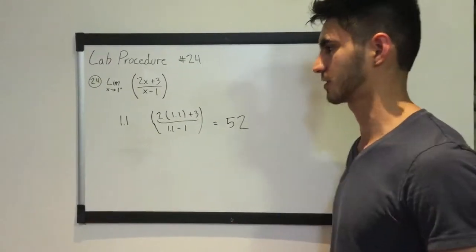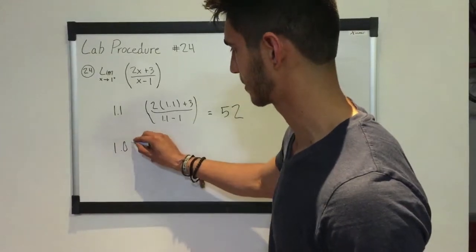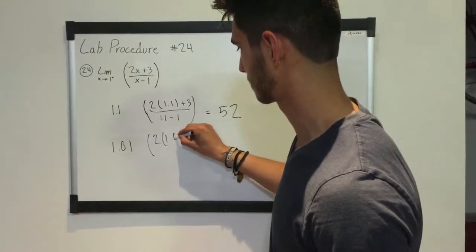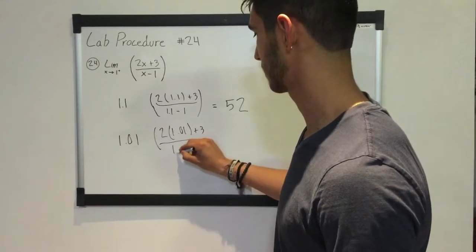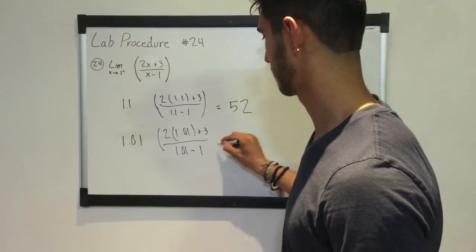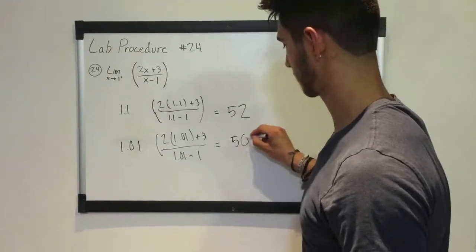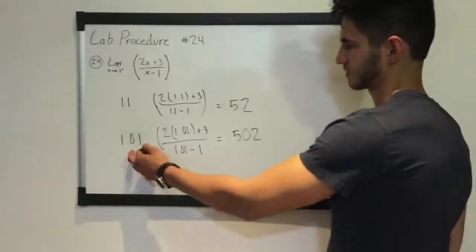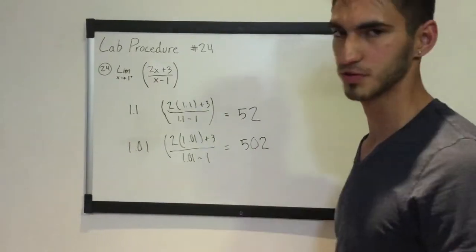And well, we could use another number as well, for example 1.01, and if we do the same substitution, we can realize that we're gonna get a number kind of similar to this one, just with one more zero, and the same goes on with more numbers.